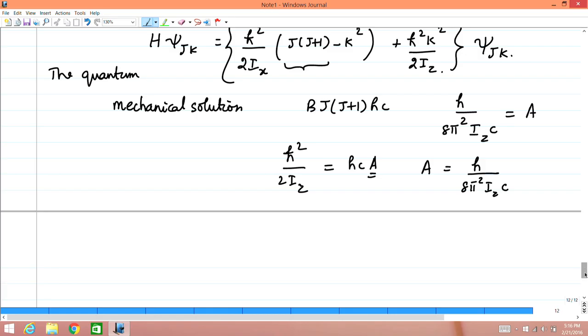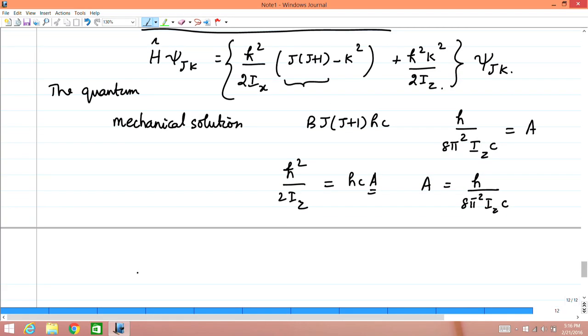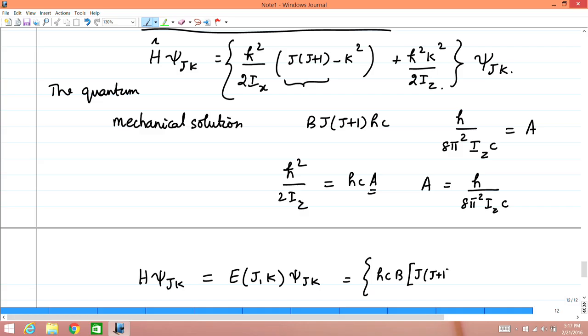Therefore, the energy level, when you write H psi J k equals the energy, which is now dependent on the two quantum numbers, E J k psi J k, is given in terms of hc B J into J plus 1 minus k square, that is this term, and then you have the other term, plus hc A k square, on psi J k.